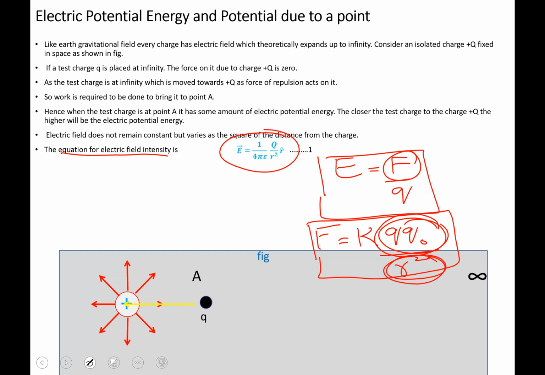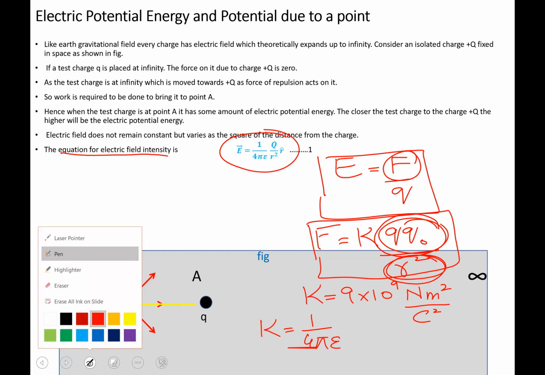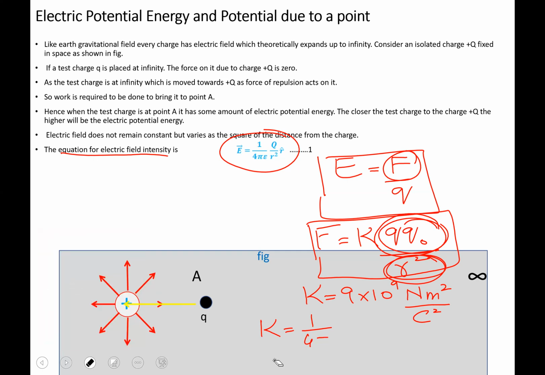Now, what is k? We know k is a constant with a value of 9 times 10 to the power 9 newton meter squared per coulomb squared. This is the unit of k. The formula for k is 1 over 4 pi epsilon naught. Let me write it clearly.